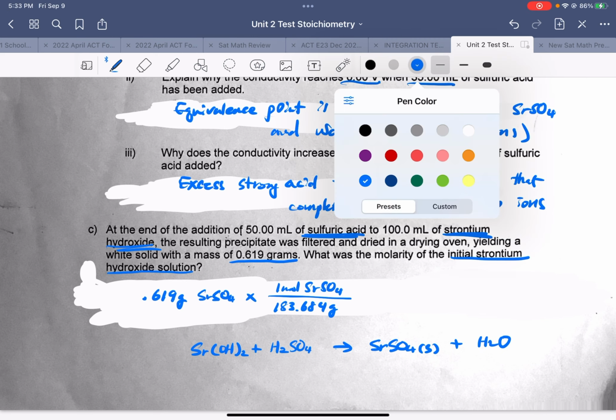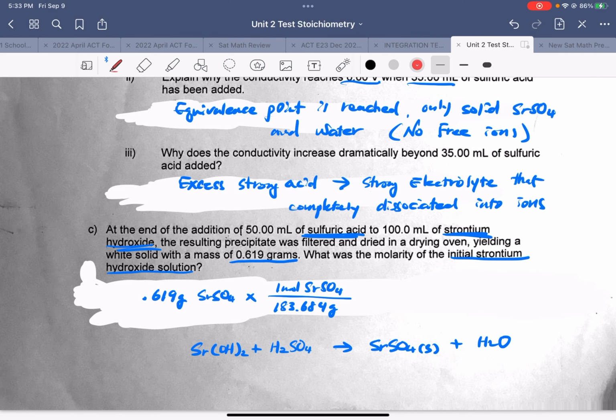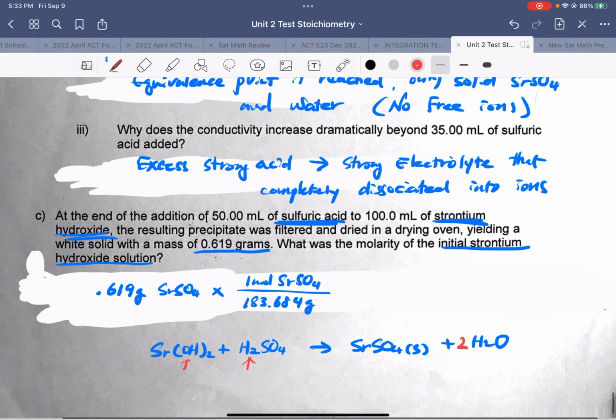Now to balance the equation, you see that there's H2, so you're going to have H2 and SO4 and Sr. O is a 2 here, so you're going to need 2 H2O, right? And then you have a total of 4 H. Yeah, it's balanced now.